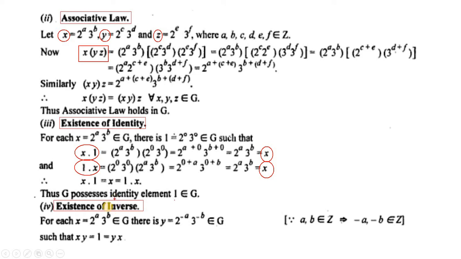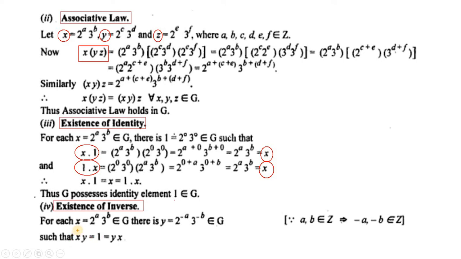Existence of inverse. For each x in G, there is y in G such that x into y is equal to 1 and it is also equal to y into x. Here a, b are integers and minus a, minus b are also integers. This is the first element of G, this is another element of G. If we multiply x and y, we will get 1.